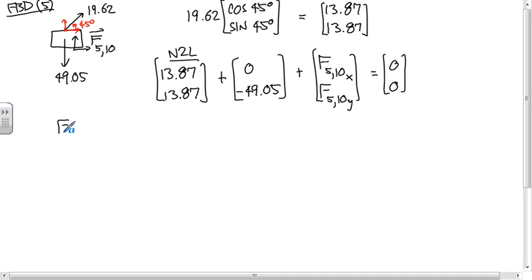And so you get the force on 5 by 10 is equal to negative 13.87, positive 35.18.